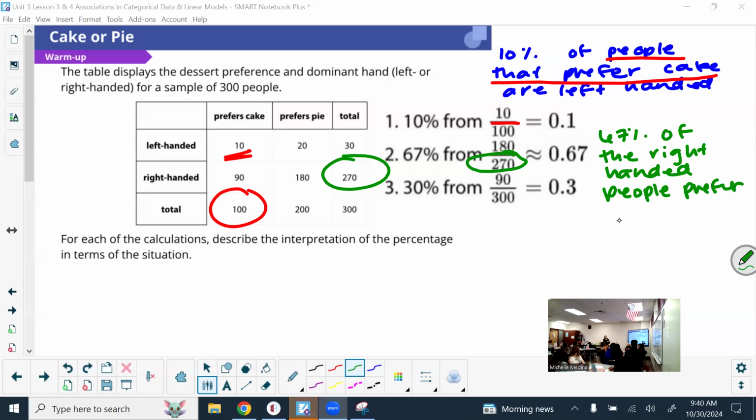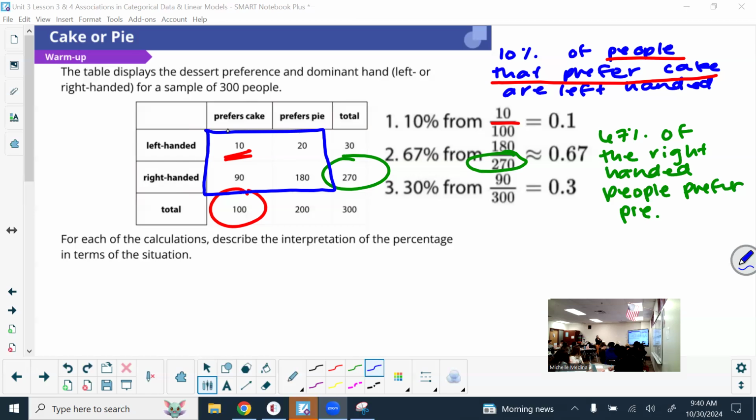And you might be thinking that's the same thing I said. It's not. Okay. You need to have something that tells me the 270 is the denominator rather than the 300. By the way, as we learned yesterday, the hard part with the relative frequencies is knowing what to divide. These boxes in the more center part of your table, the ones that have the 2 characteristics at once, these should never be your numerators.